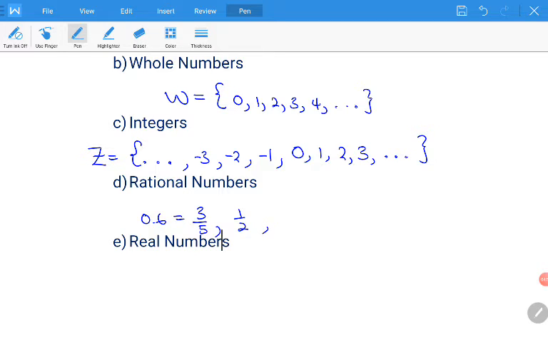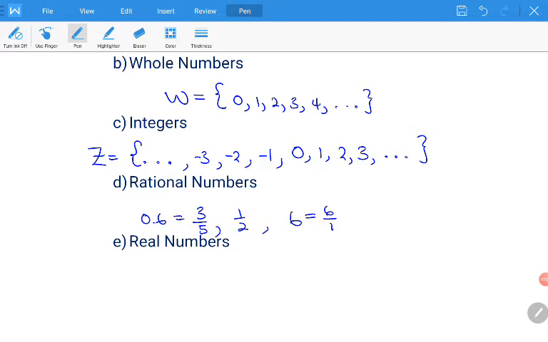Also, 6 is a rational number. Why? Because 6 can be expressed as a fraction as 6 over 1. So all whole numbers are rational numbers.